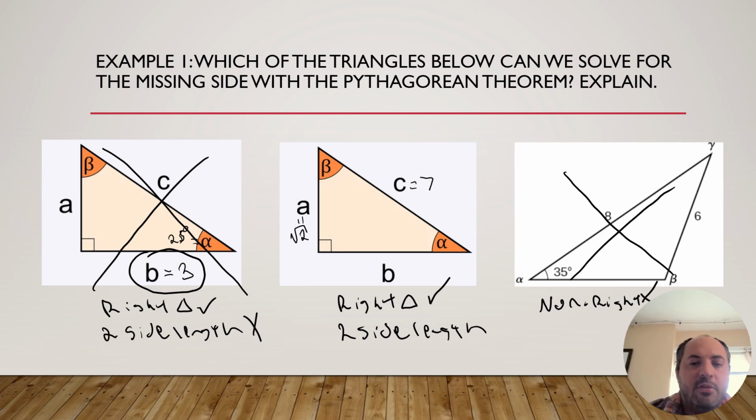But in the middle triangle, we do know that we have a leg of length root 2 and the hypotenuse of length 7, so yes, we can go ahead and use the Pythagorean theorem in this problem. Now that we've talked about identifying when you can use it, let's look at a couple examples where we solve for missing legs using the Pythagorean theorem.